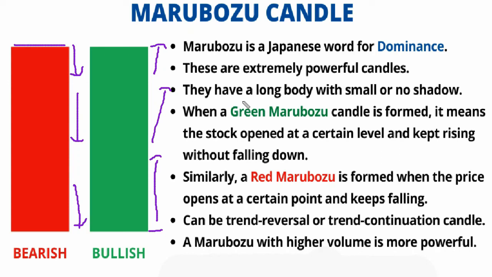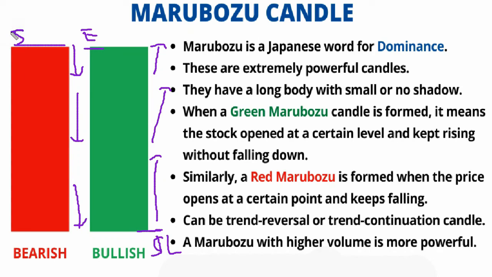This Marubozu candle becomes more powerful if it has a higher volume compared to the neighboring candles. Your entry will be at the high of the Marubozu candle, and the stop loss will be at the low of the Marubozu for bullish, and it will be opposite in the bearish.